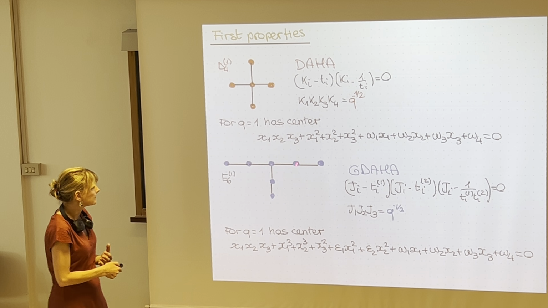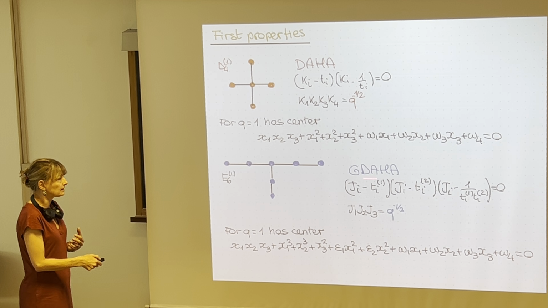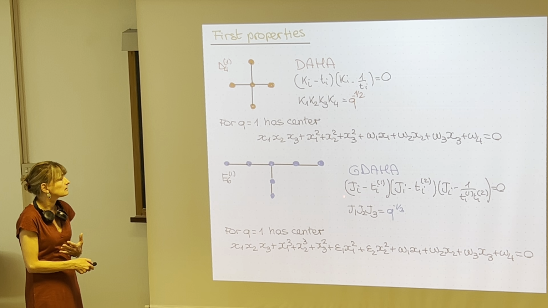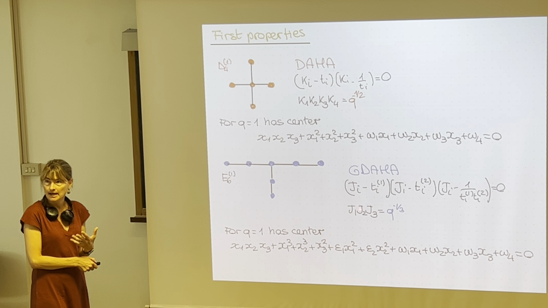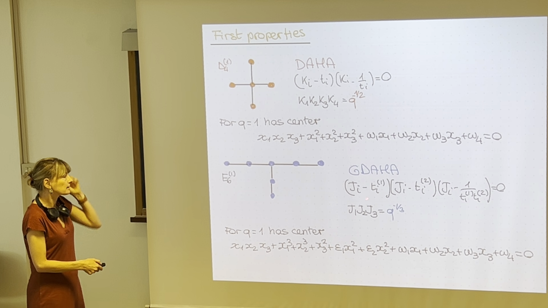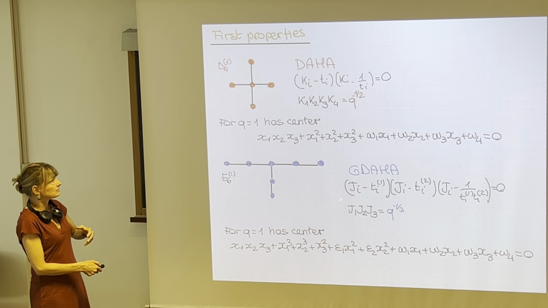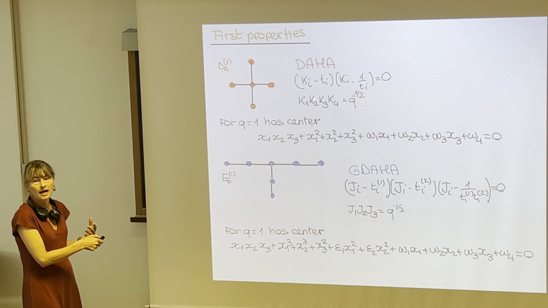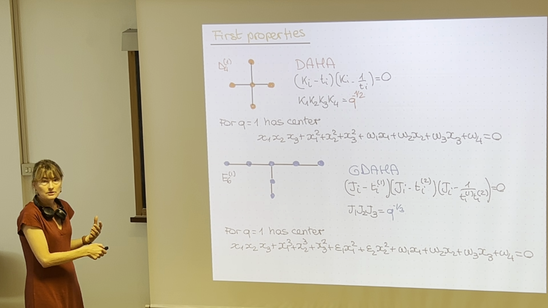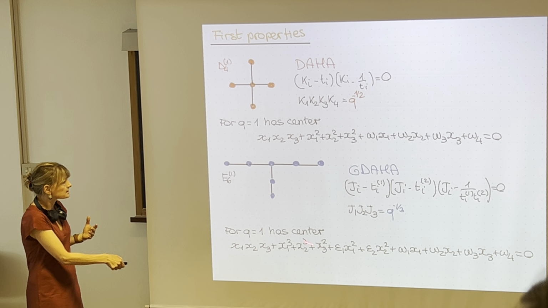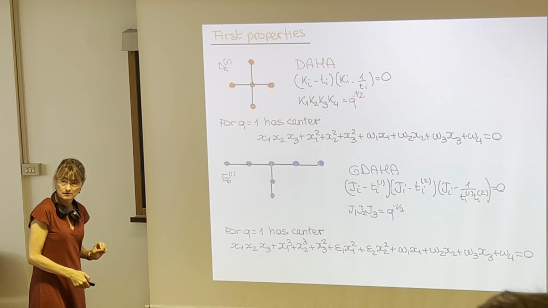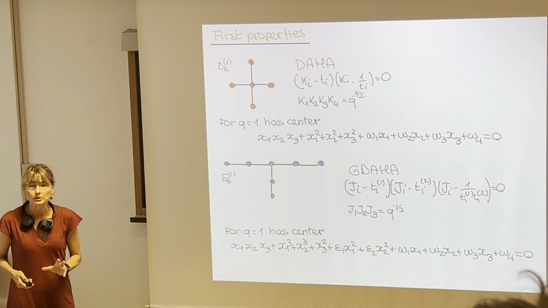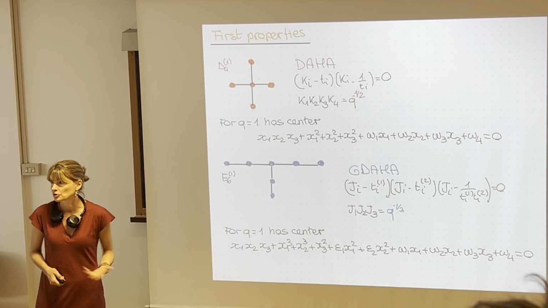What I wanted to understand is if there is any way that I can take this generalized double affine algebra and specialize the parameters in such a way that I can prove that there is a bijection with the Daha. So I want to see this one inside here as a special case. That's what I'm going to tell you today. It's not very simple, but it actually works.